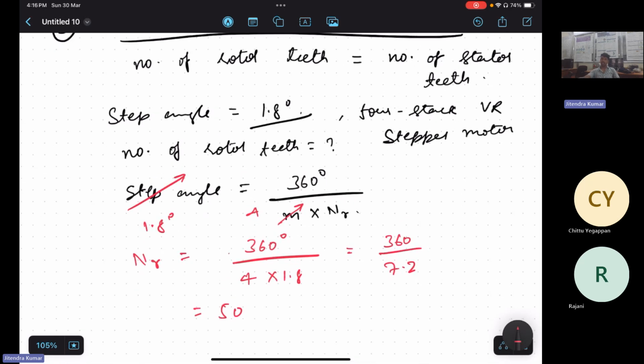So it will be 50. Did you get it? Yes, sir. Here M means number of stacks, sir. Exactly. M here is the number of stacks.